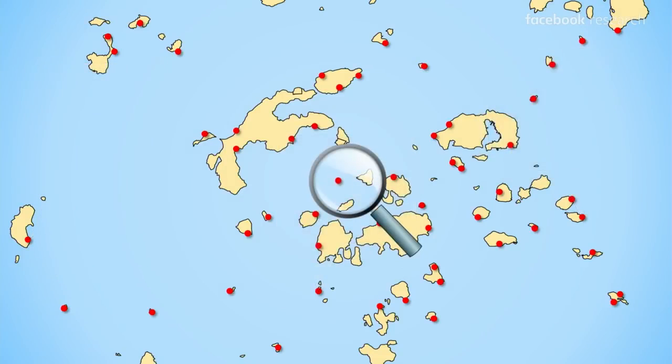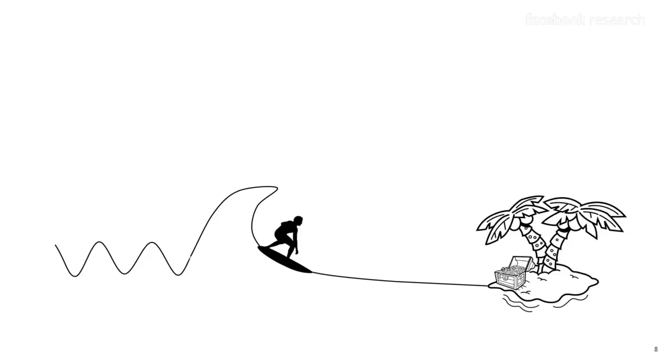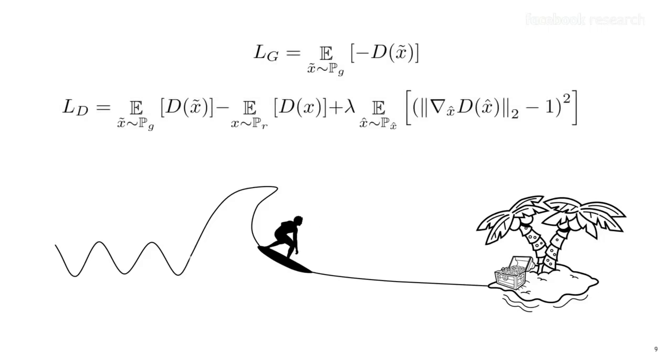Let's take a closer look at one of these dots. Our view of the situation looks like this. The generated sample is the surfer guy who is seeking the shore. Everything is governed by the loss functions, in our case, the improved Wasserstein.